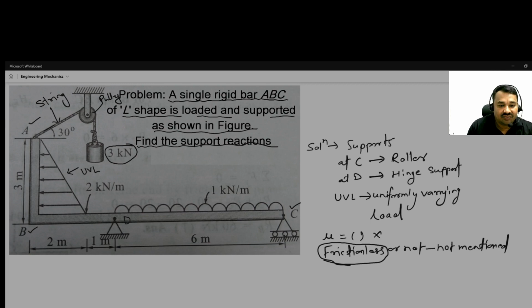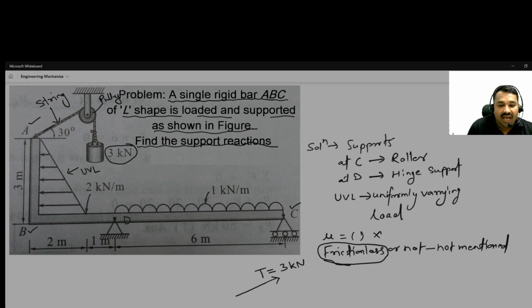So in that case what will be? There will be an angle. We need to remove the pulley like this, in this way we have to show it, and the tension T, and the value will be whatever load is being suspended. Okay, so this 3 kilonewton.